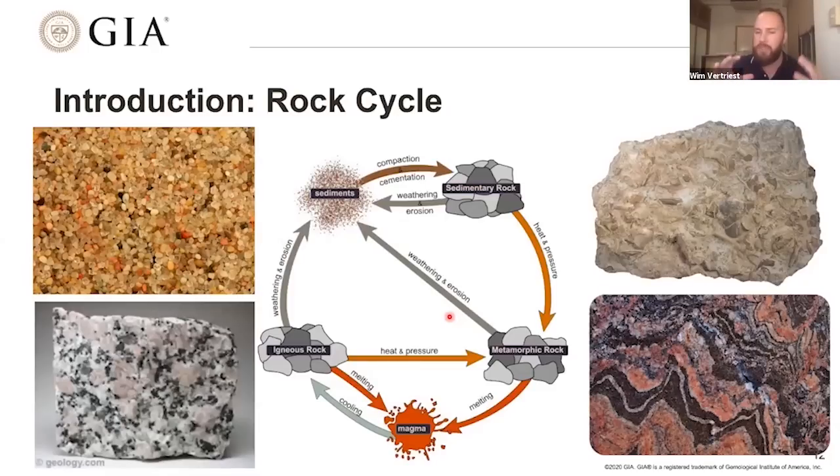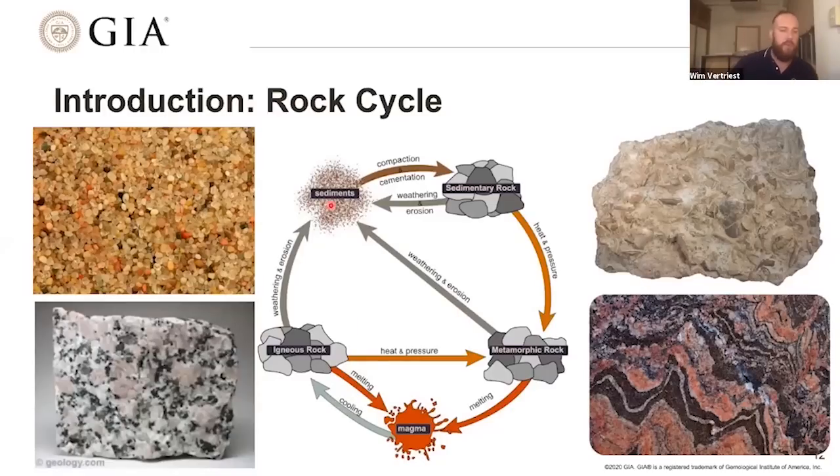So basically, if we start very deep in the earth, all the rocks start as a magmatic rock, magma, molten. So all this molten rock, and from this soup, you can crystallize some rocks. That is what we call igneous rocks. Now, of course, over time, when they get exposed to the surface, you weather them down, they get turned into very fine grains. That is what we call sediments.